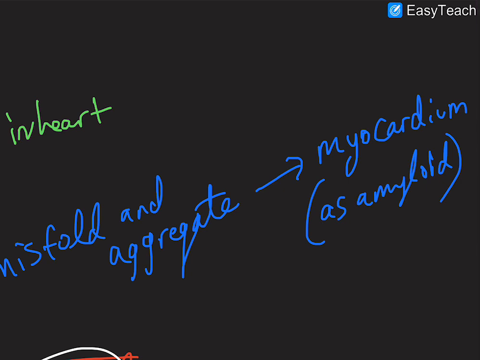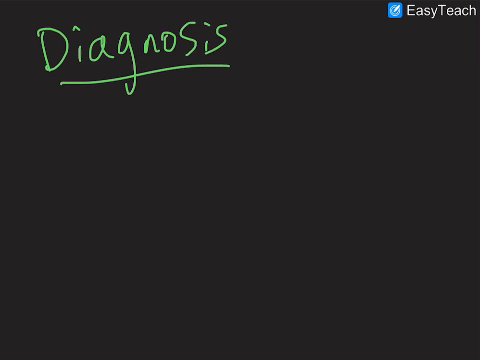If we're talking about diagnosis, and you were to do an echocardiogram, you may see your left ventricular wall be thick because of the amyloid deposits in the myocardium.